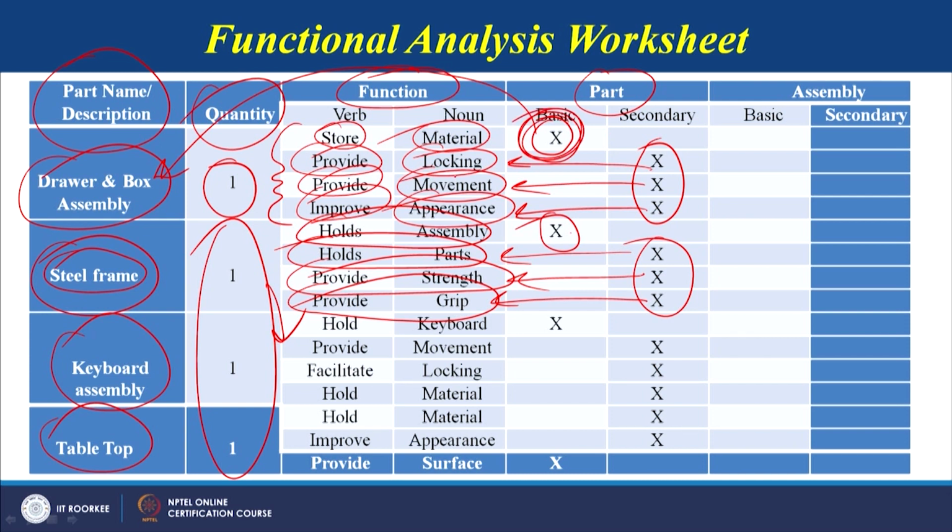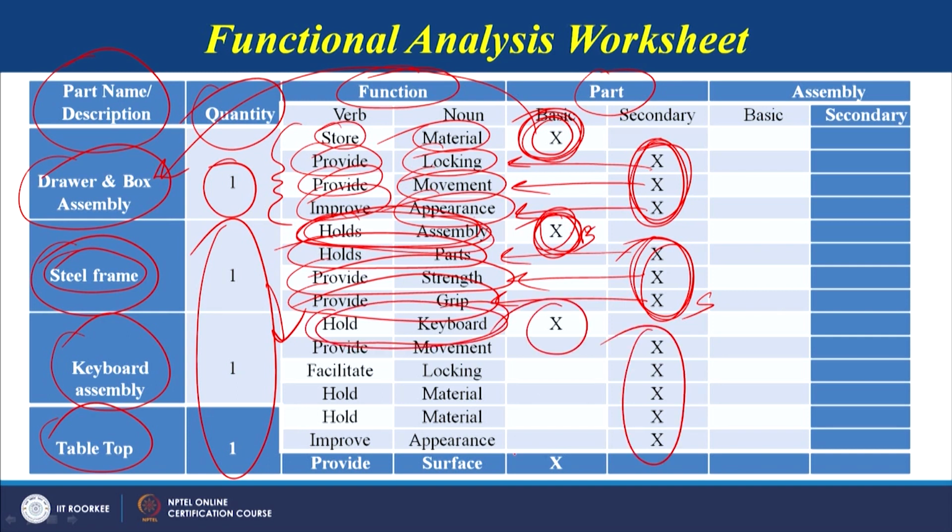All others, provide locking, provide movement, improve appearance, are secondary functions. Similarly, for steel frame, hold assembly is the basic function, rest all are secondary functions. For keyboard assembly, hold keyboard is the basic function, rest all are secondary.